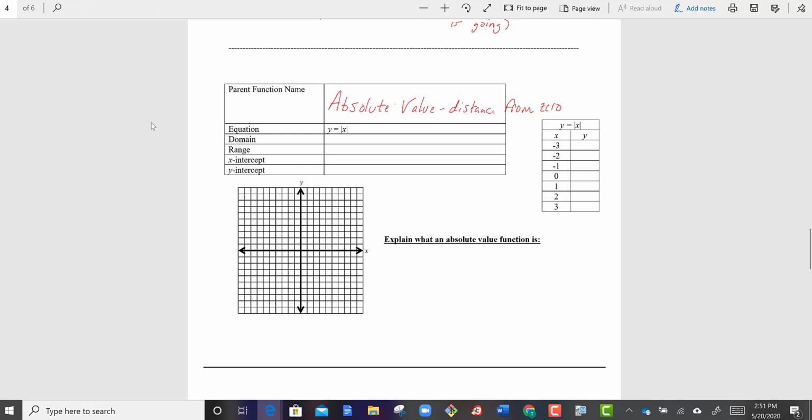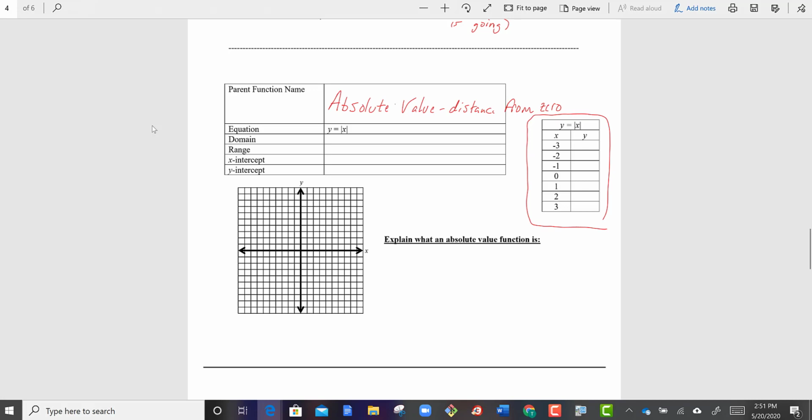Absolute value is distance from zero. The parent function equation is y equals the absolute value of x. And you can see they've already set up a nice t-chart for us. Typically, for a parent function, these are the x values we want to pick. Really simple ones. I've got -3 to +3 picked.